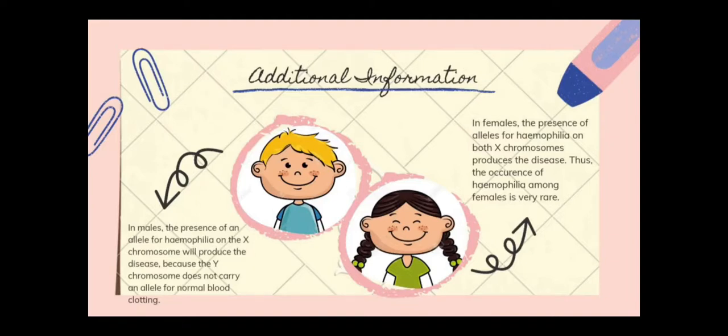Thus, the occurrence of hemophilia among females is very rare. So for the males out there, beware, because the probability of you suffering hemophilia is higher than females. Let's move on to the first question of Question B.